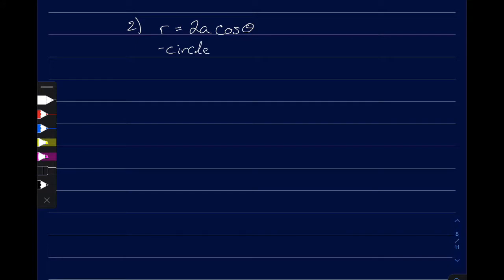So this is a circle centered at a, 0. This is in Cartesian. But I suppose that in this case, being in polar would also work for this. With a radius of a, or I'm sorry, the center is a, 0.